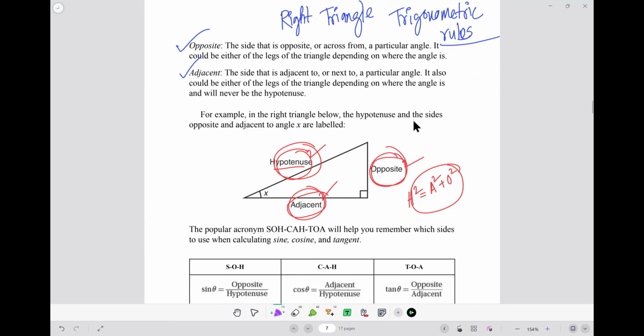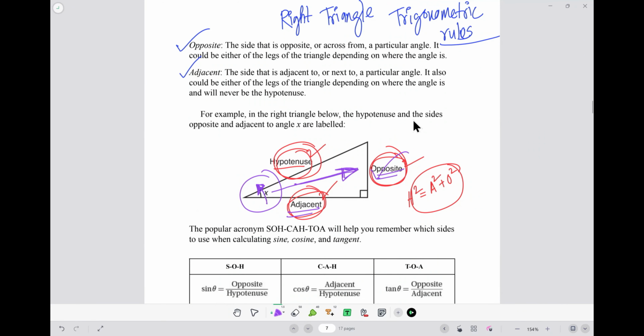It means this also can be the opposite side, and this also can be the adjacent side. It depends, because here we are taking this angle. This is our field of interest, our focus. So regarding this angle, this is going to be the opposite side, and that's why we call this side the opposite side.